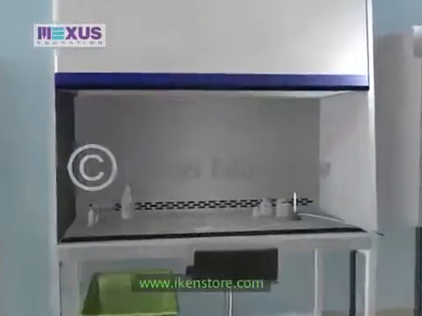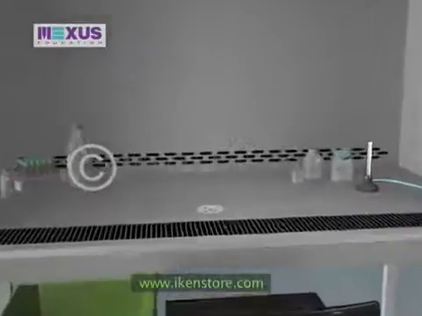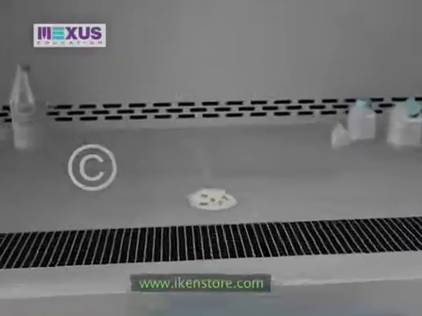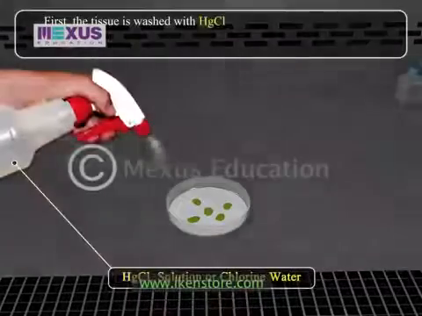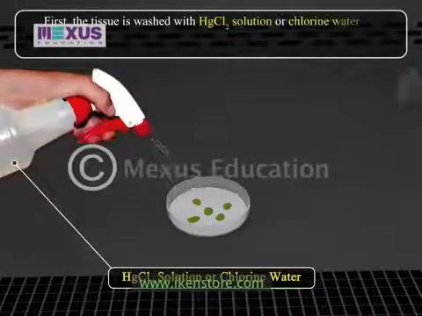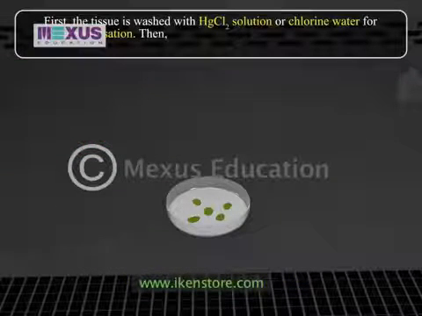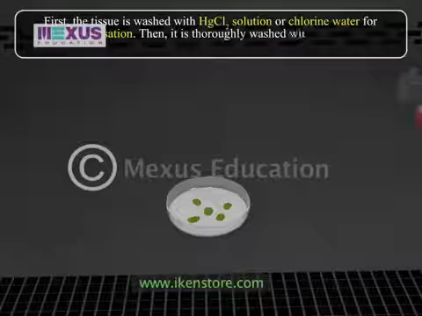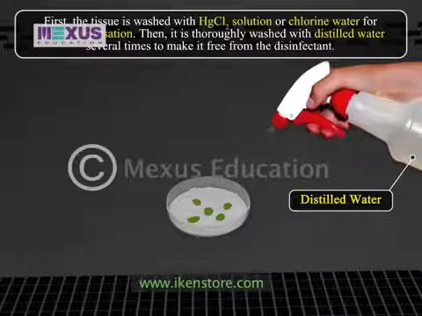The transfer of plant tissues inside the culture container is done in completely aseptic conditions. First, the tissue is washed with mercuric chloride solution or chlorine water for surface sterilization. Then, it is thoroughly washed with distilled water several times to make it free from the disinfectant.